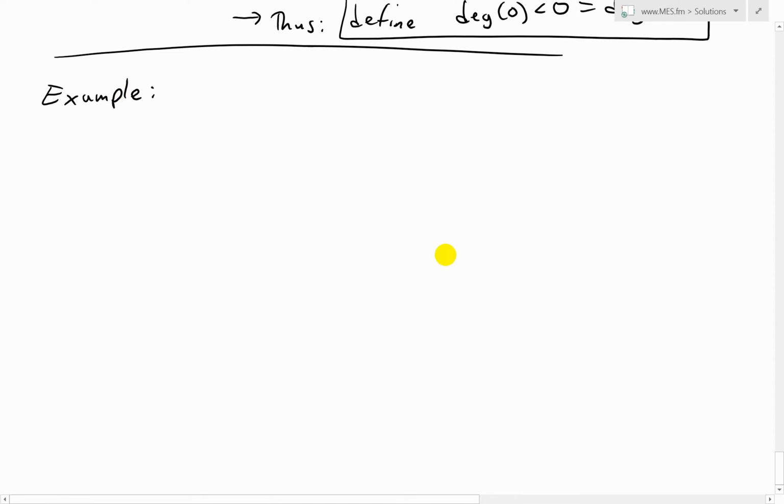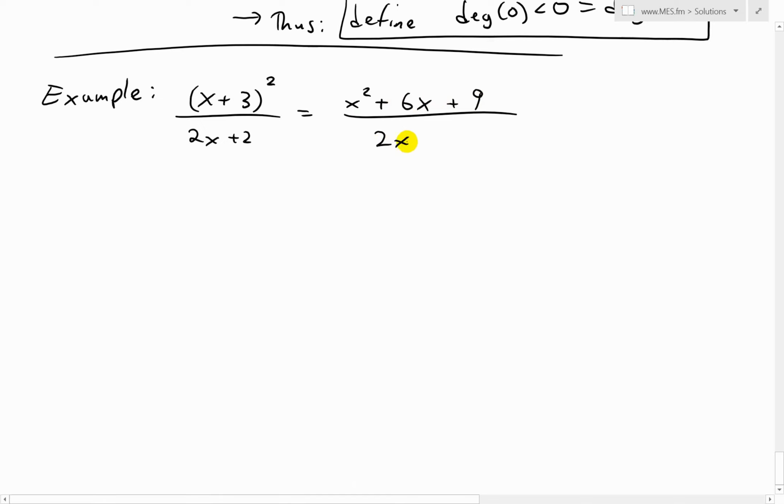So let's use that same long division one, but now we're going to deal with the Euclidean division. So x plus 3 squared. Now we have the 2x plus 2. This equals to, again, expand that, x squared plus 3 times x plus x times 3 is going to be 6x plus 9 as above. And then divide this all out by 2x plus 2.